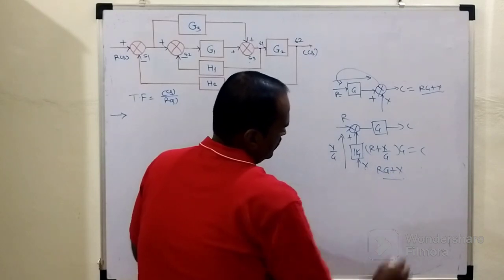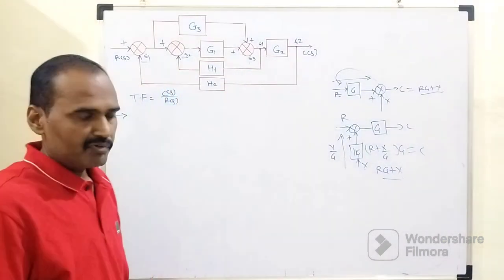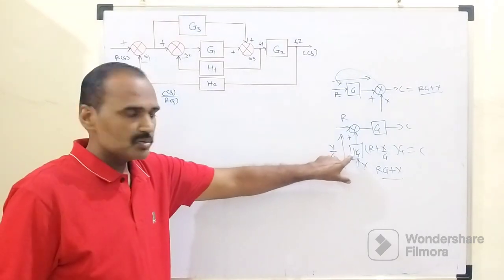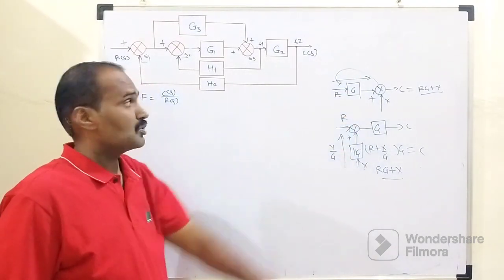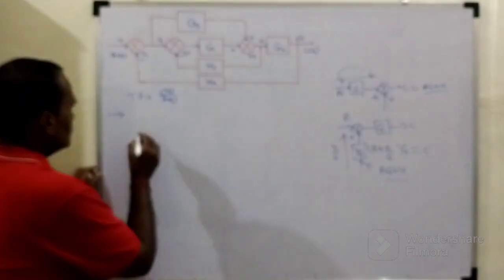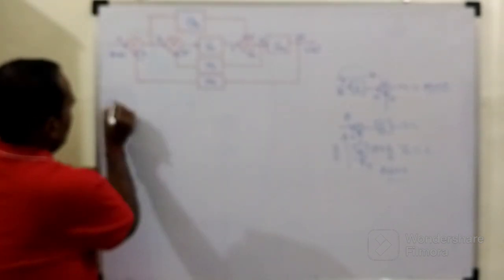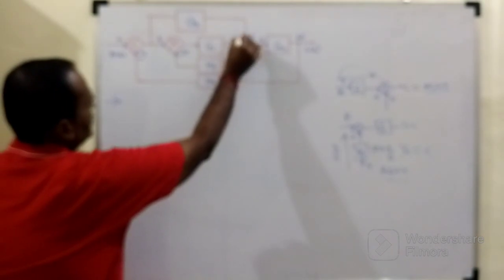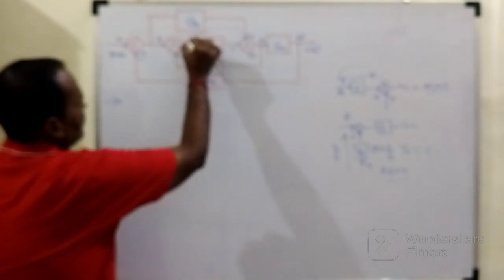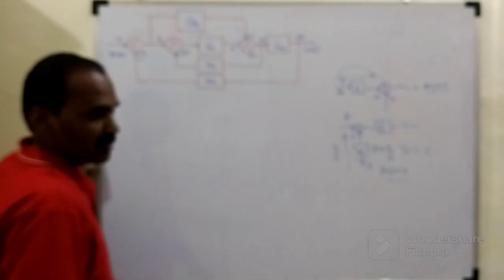So it becomes RG plus X. So it is mandatory to add one more block whose gain is exactly equal to the reciprocal of that original one. According to that, in the first step, we need to shift the summing point before this block whose gain is G1.